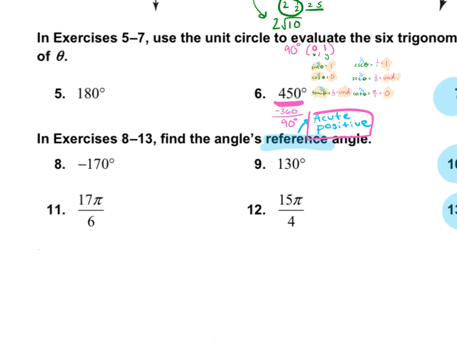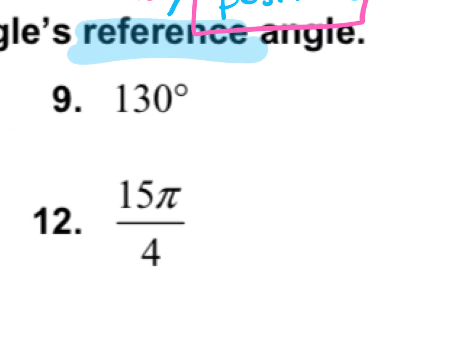Let's do 9 and 12. So looking at 9, let's figure out which quadrant we fall in because that determines what formula we use. So would 130 degrees be in quadrant 1, 2, 3, or 4? Quadrant 2. In quadrant 2, we use the formula 180 minus theta.